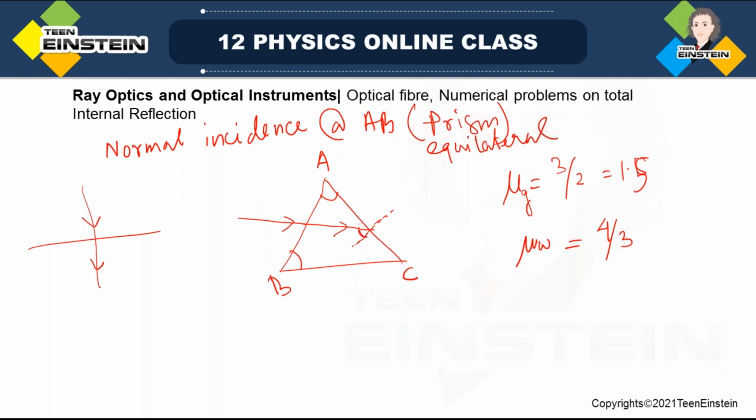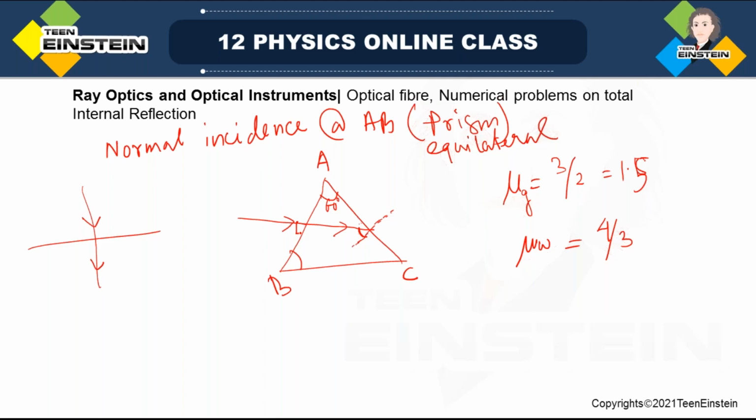Suppose this is the normal. So this is your angle of incidence. What is the angle of incidence? You have to understand. Since this is 60 degree, and this is normal incidence, do you have any answer?